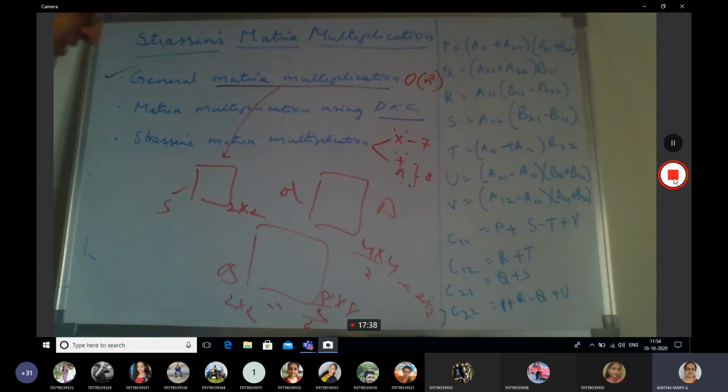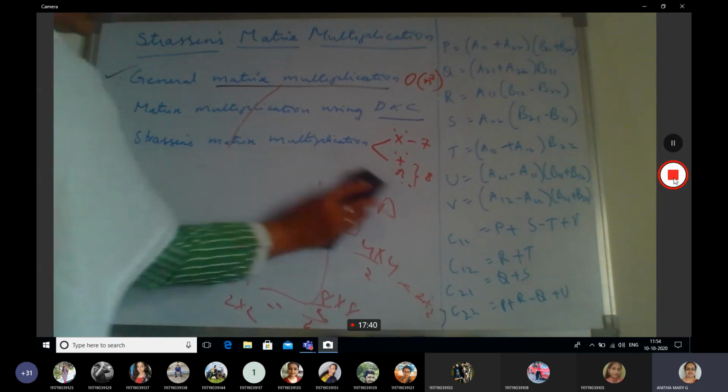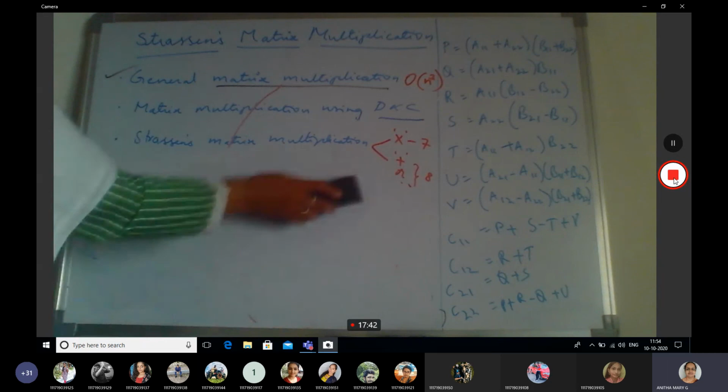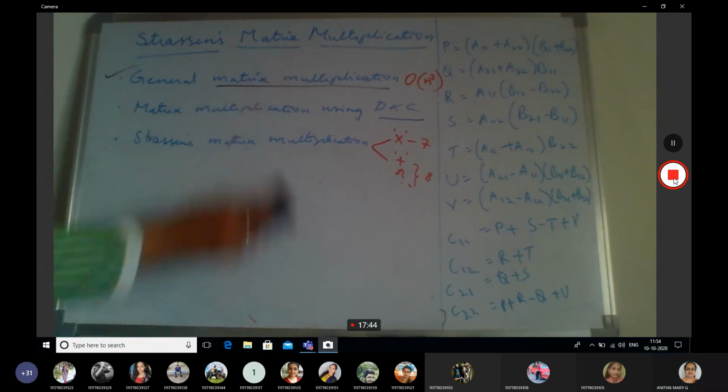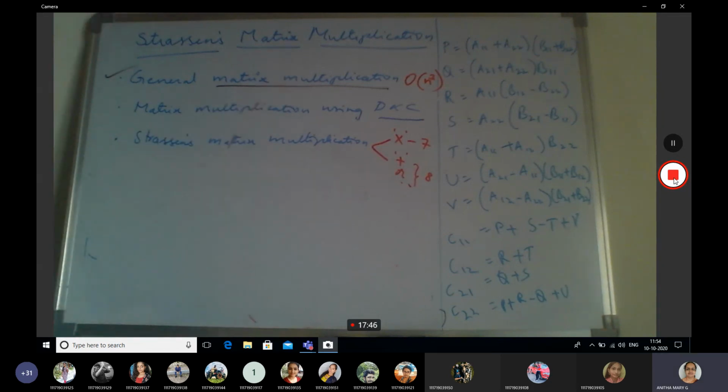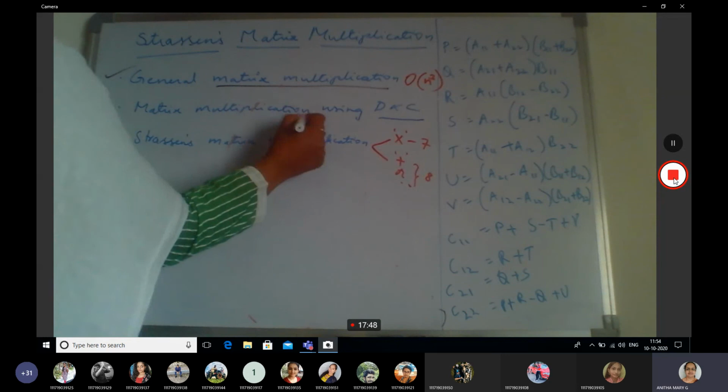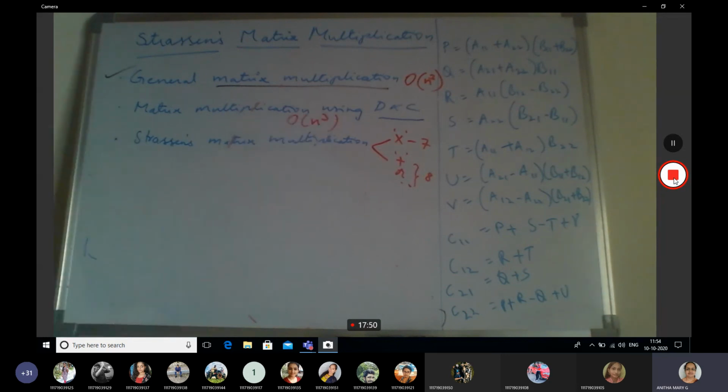So that means using the divide and conquer approach also, the time complexity remains O of n cube only. Even if we divide the big problem into small problems, the time complexity is O of n cube only. Why?